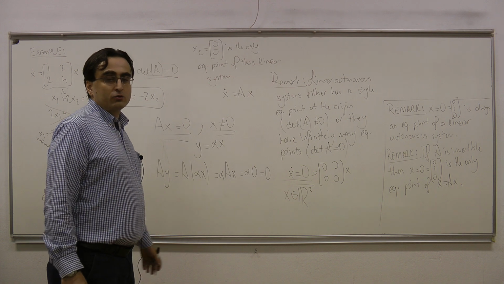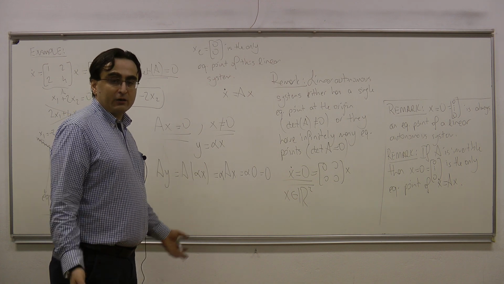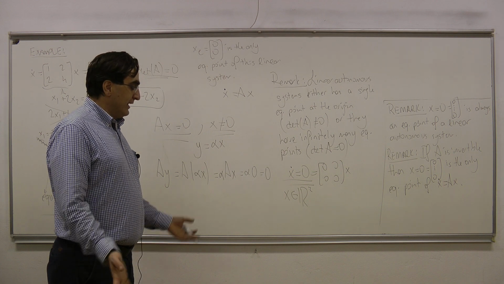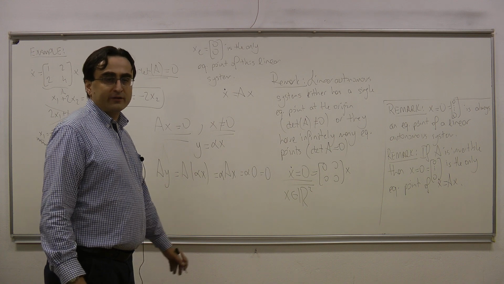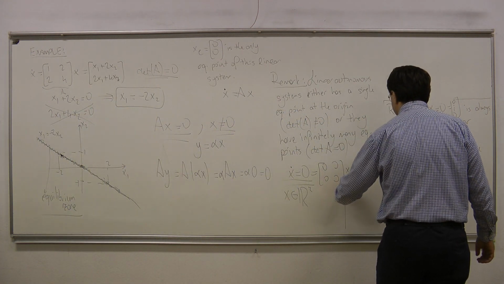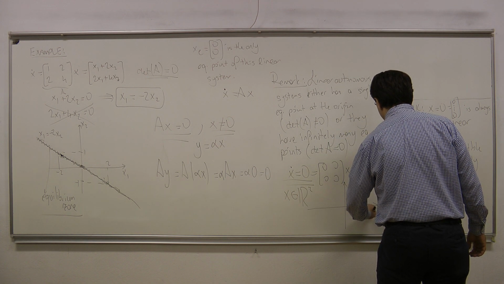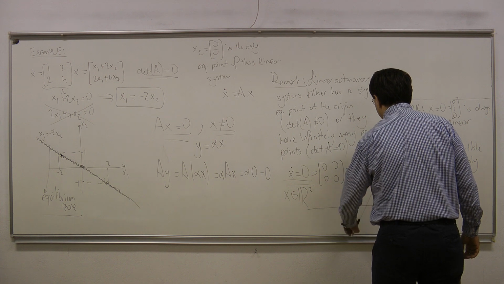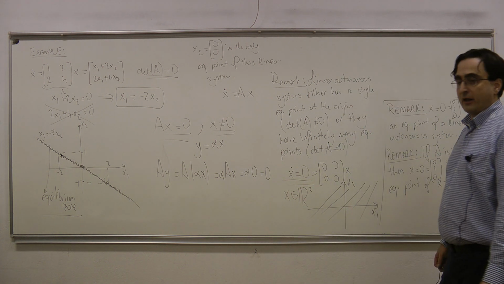Such a linear autonomous system would have infinitely many equilibrium points again, and the equilibrium points would cover the whole state space. In that case, our equilibrium zone would be just the whole state space. x1, x2, equilibrium points are everywhere in the whole space.